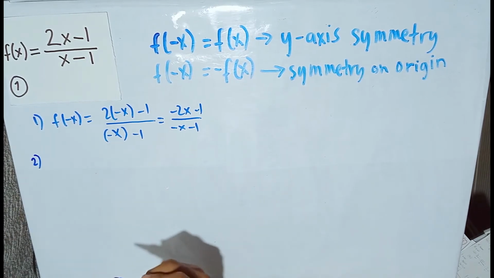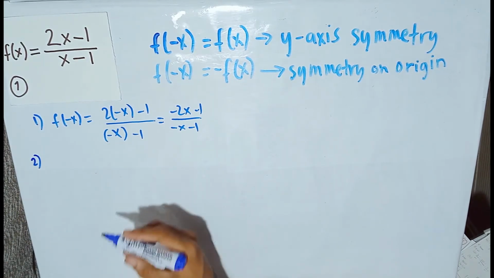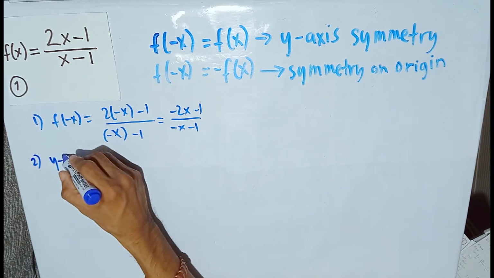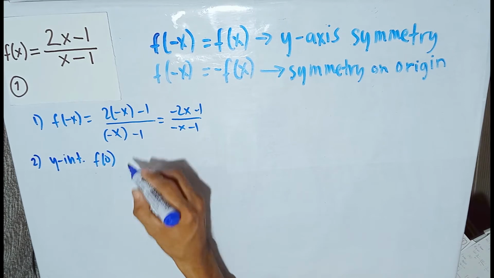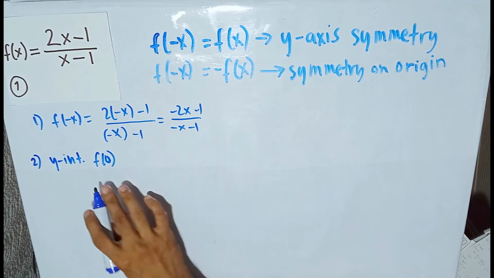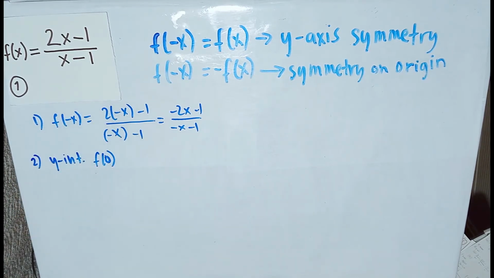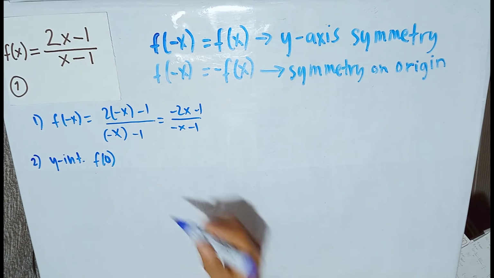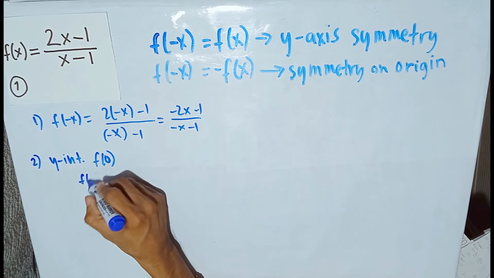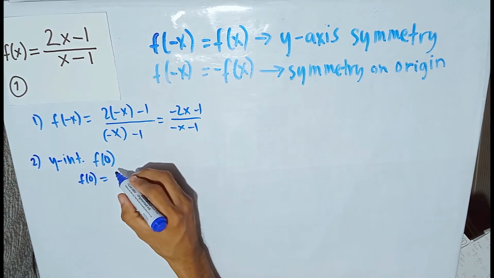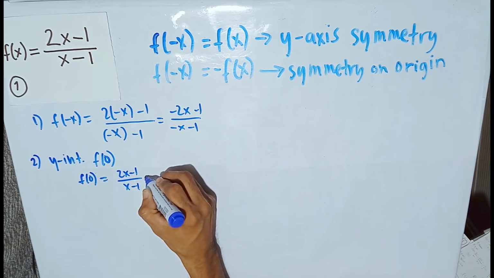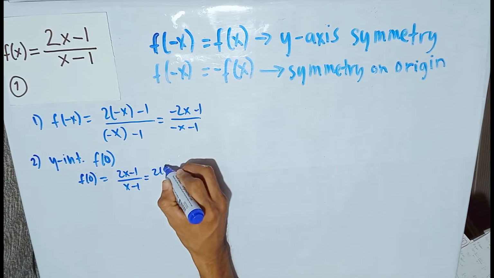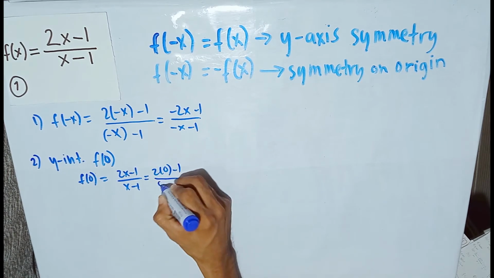Our step number 2 will be finding the y-intercept. Y-intercept is by letting x be 0. We're going to use 0 to know our y-intercept. So we have f of 0 is equal to 2x minus 1 all over x minus 1, which is 2 times 0 minus 1 all over 0 minus 1.